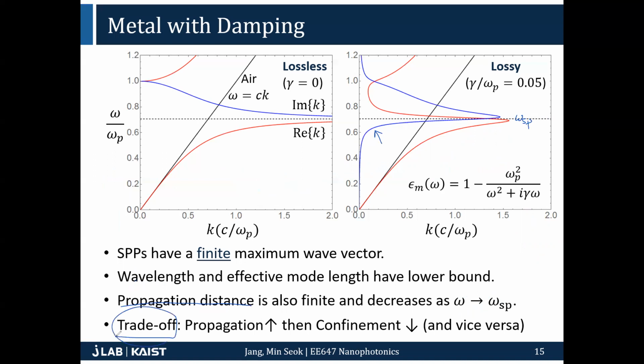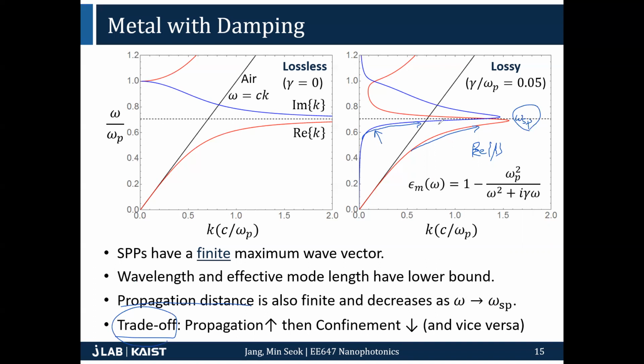So there is a trade-off. As you're approaching omega sp, you have a larger real part of beta, which means higher confinement. But at the same time, your mode becomes more lossy so that its propagation length also decreases.